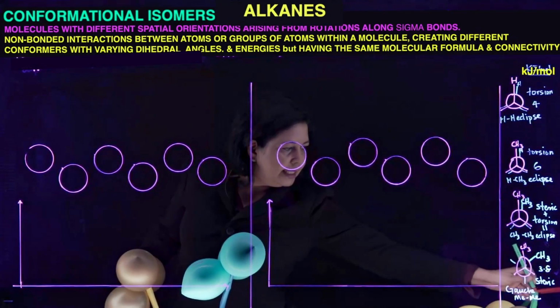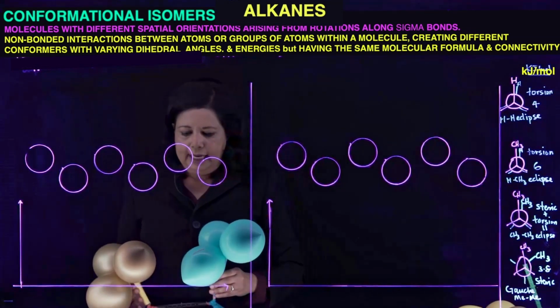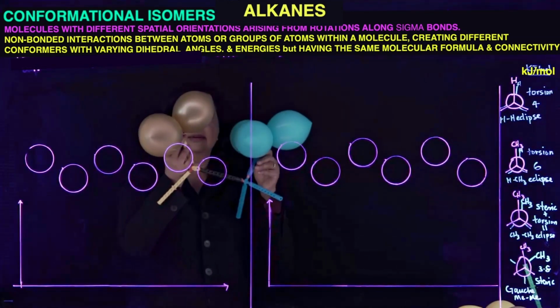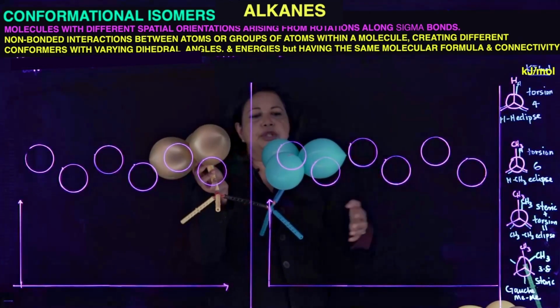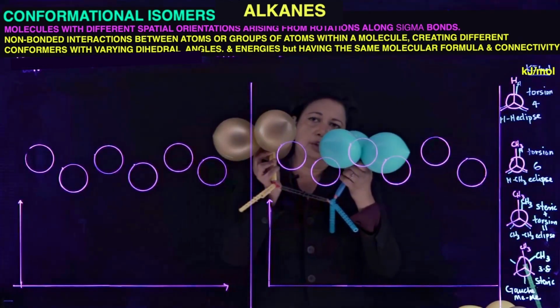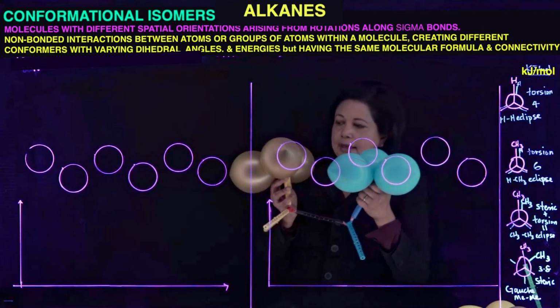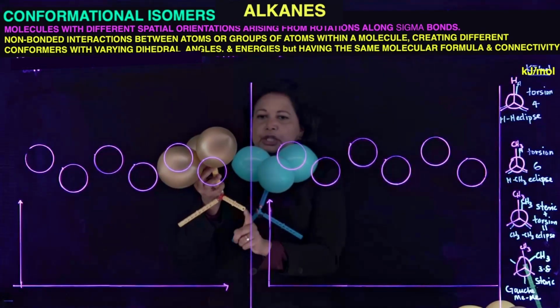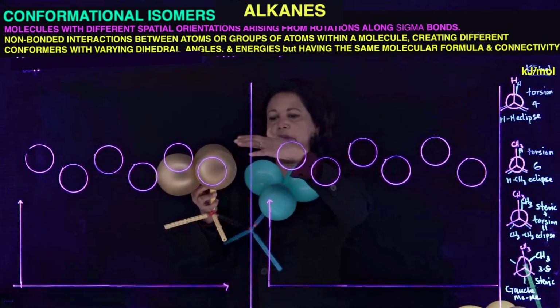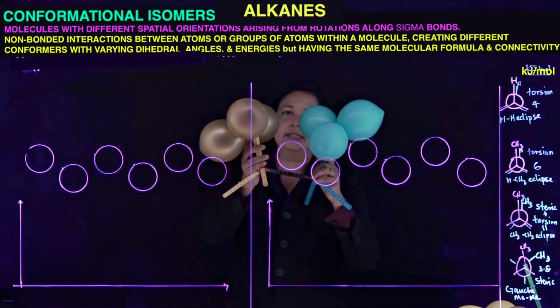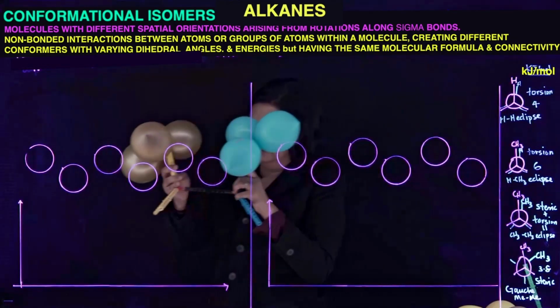So we're going to rotate butane and see how it is. I have put these hydrogens as balloons just to show you that they're nothing but electron clouds. These are also CHs, but I haven't put balloons for those. I've just put it over here to emphasize the steric interactions.